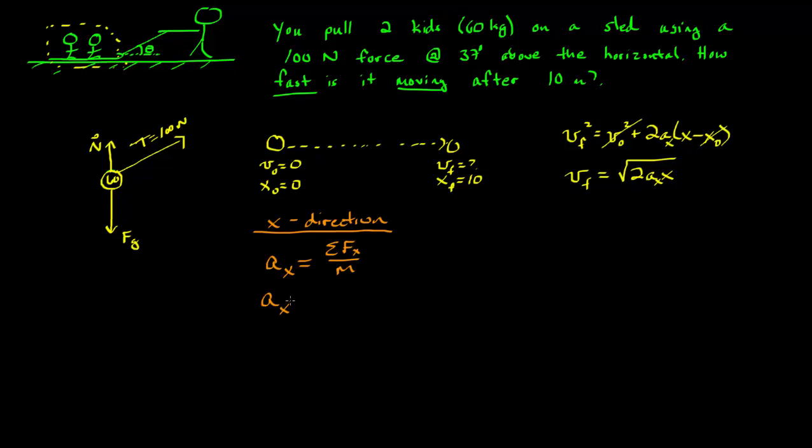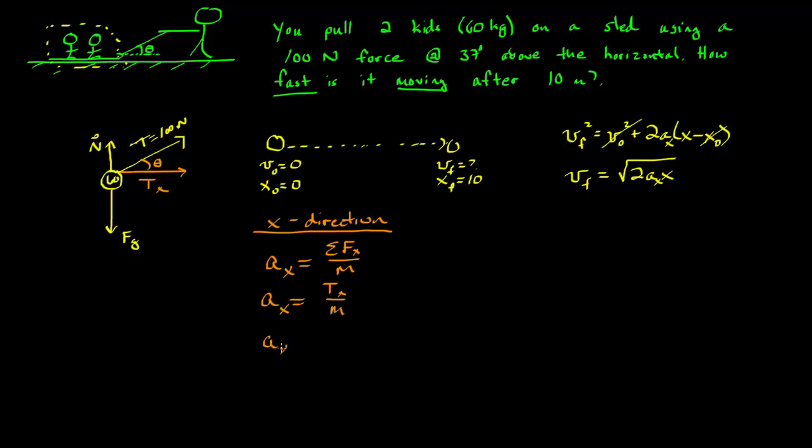So the acceleration in x is going to be, well, let's see, the only force acting this way is going to be this, the tension in the x direction, and that's my theta. So since it's next to the angle, it's going to be tension times cosine theta, divided by mass. Now we'll substitute.